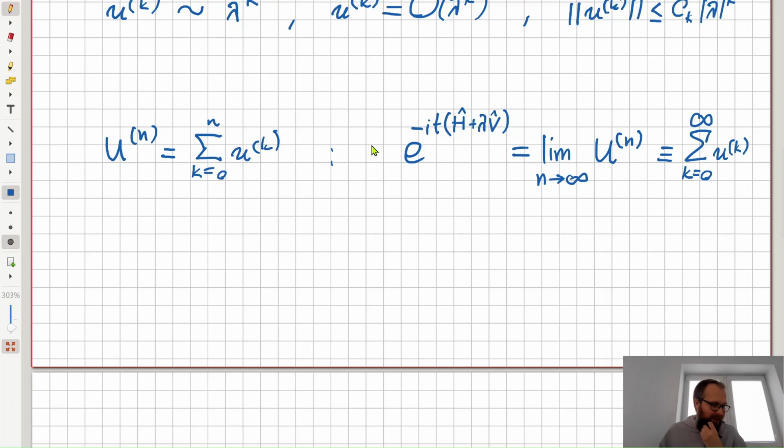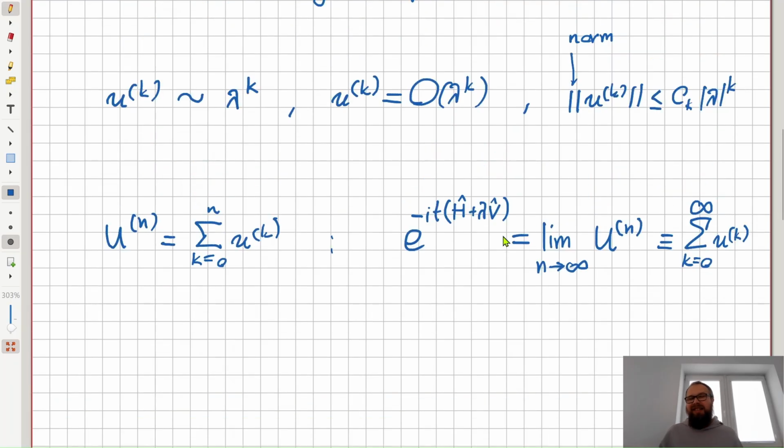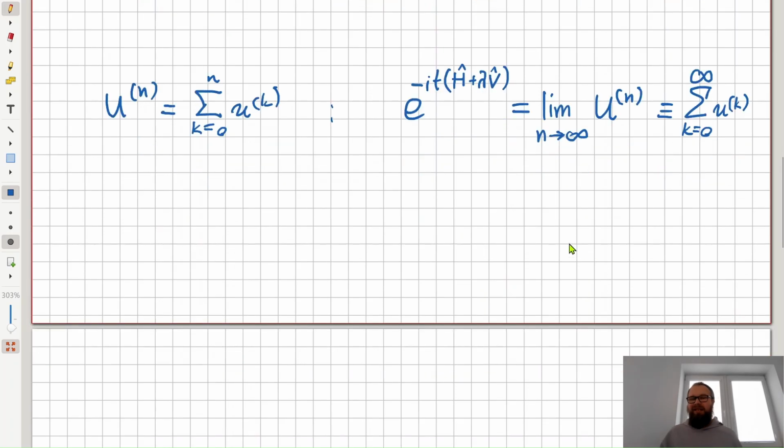So, for example, the simplest thing you could imagine is to just take this series and truncate it at some finite order.